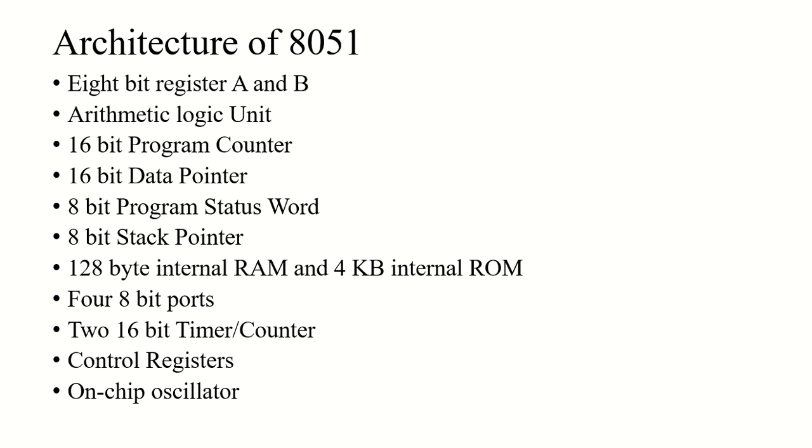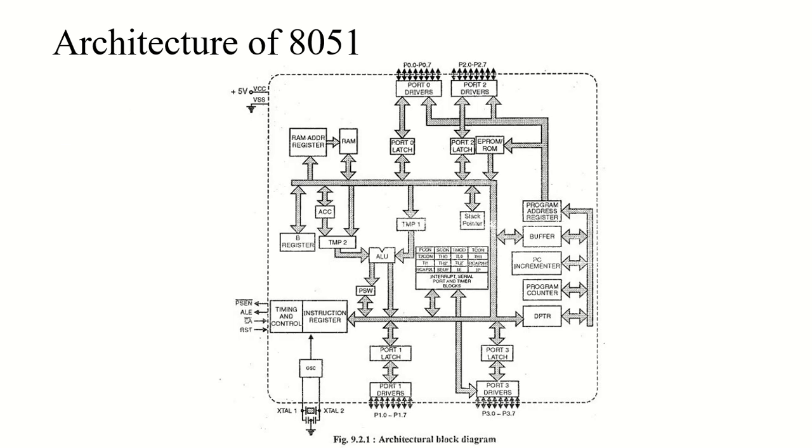We have two 16-bit timers and counters, a control register, and an on-chip oscillator. So we have all these things. And when we collect all of them together in a microcontroller, how does the picture look? So here's a block diagram for you to get a basic understanding of the 8051 microcontroller.